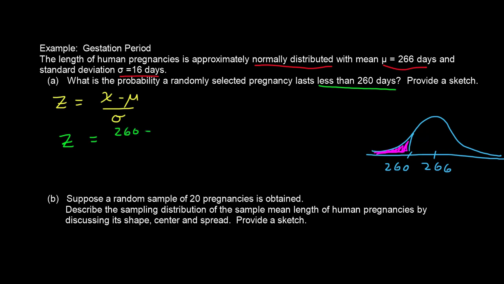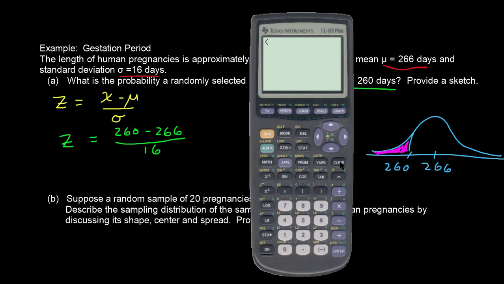We're going to subtract 266, divide by the standard deviation of 16. So I'm going to pop open my calculator here for us. Okay, so we've got 260 minus 266. That's going to give us a negative number because we can see that 260 is below the mean. And divide by 16.